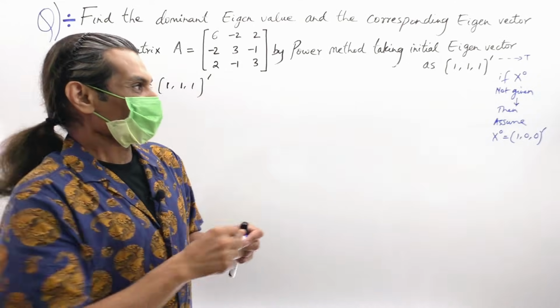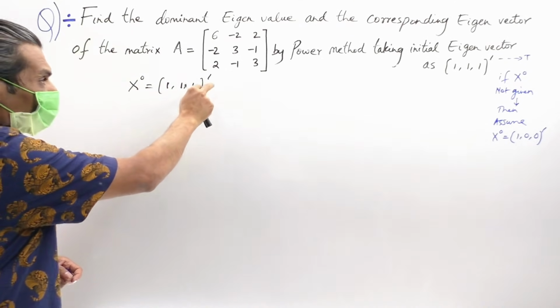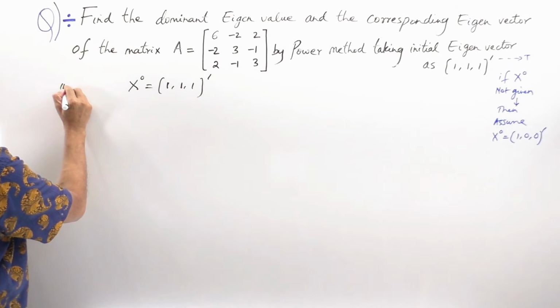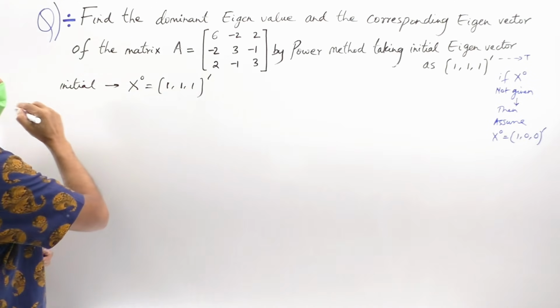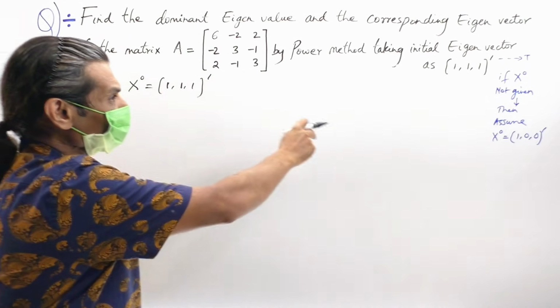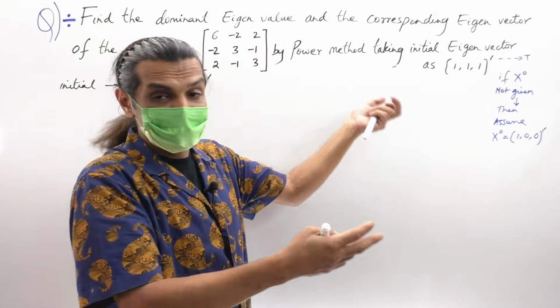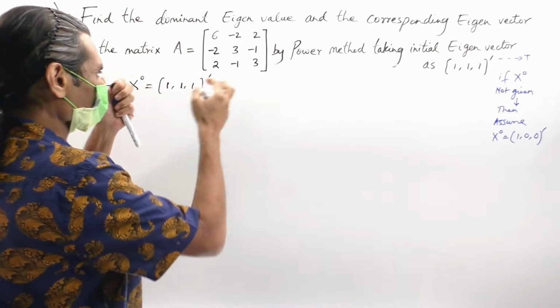Since it is given here, I will take x0 = [1, 1, 1] dash from the question. If they don't mention it in the question, then you have to take 1, 0, 0. Simple as that. So we'll solve this question now.